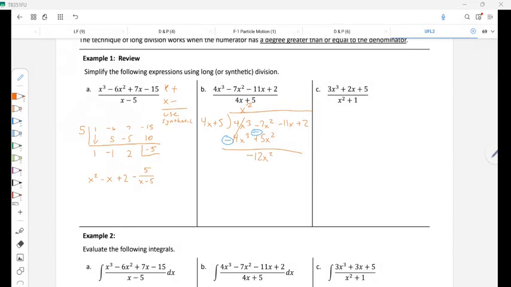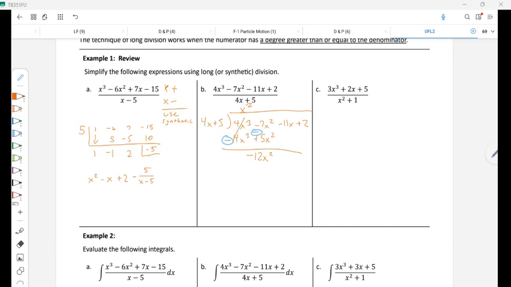And I'm expecting to get a multiple of 4 here, because my next thing to ask myself is how many times does 4x go into 12x squared? If I got an 11 here or a 2 here, I would start questioning myself. Did I make a mistake?